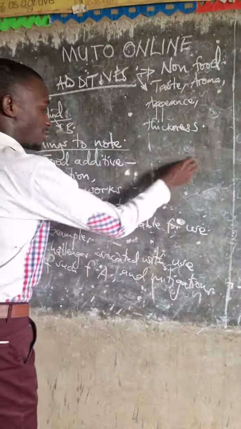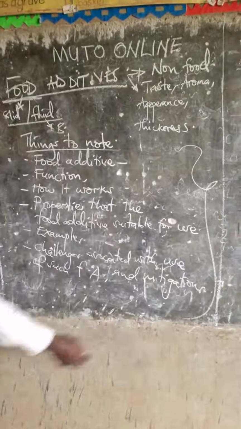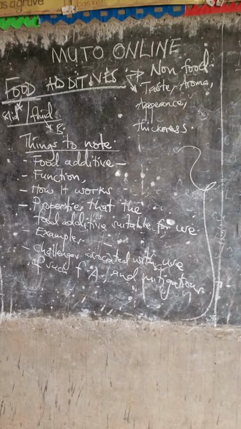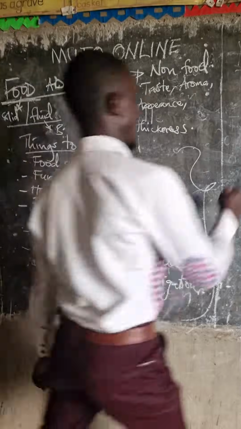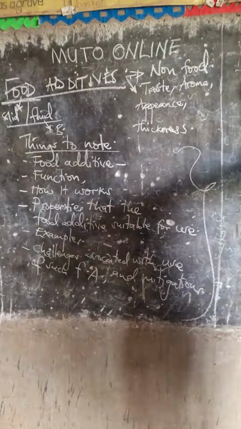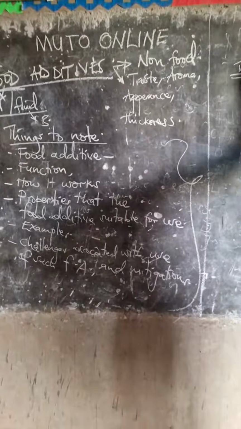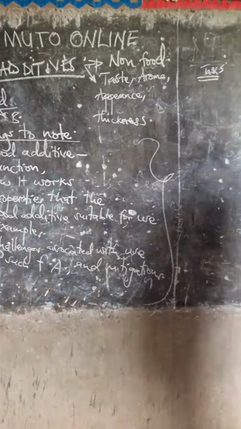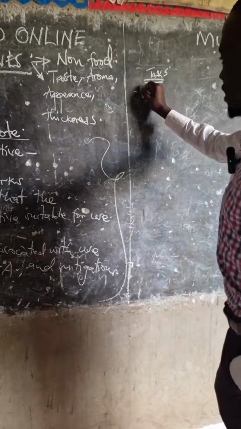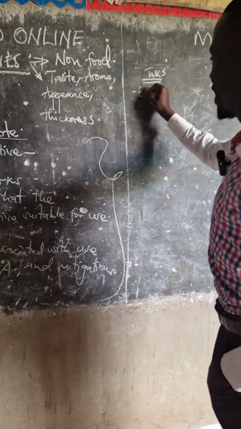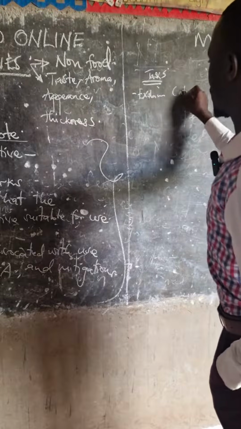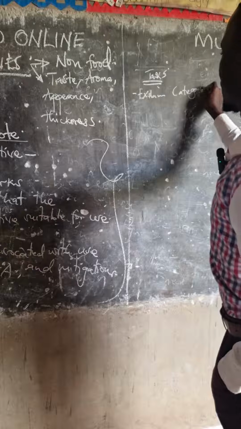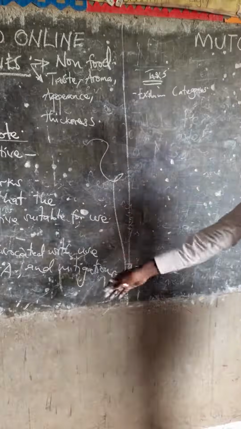But these are the things we are basically going to look at under this. Let me remind you about the format of the items they set, in terms of the tasks and their levels. They always ask us to explain the categories of these food additives.